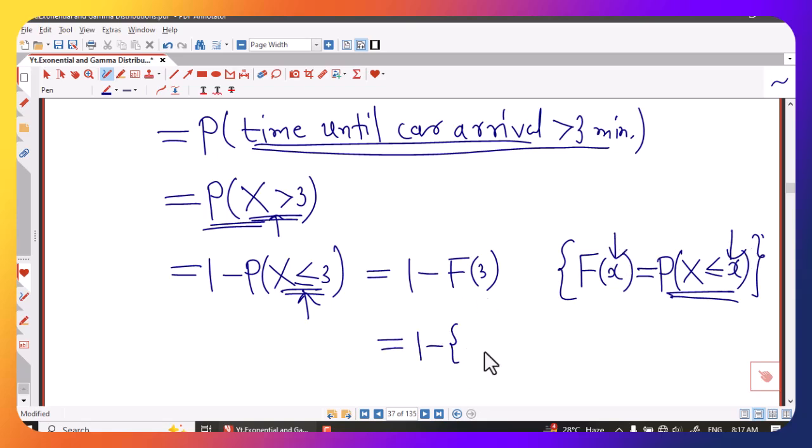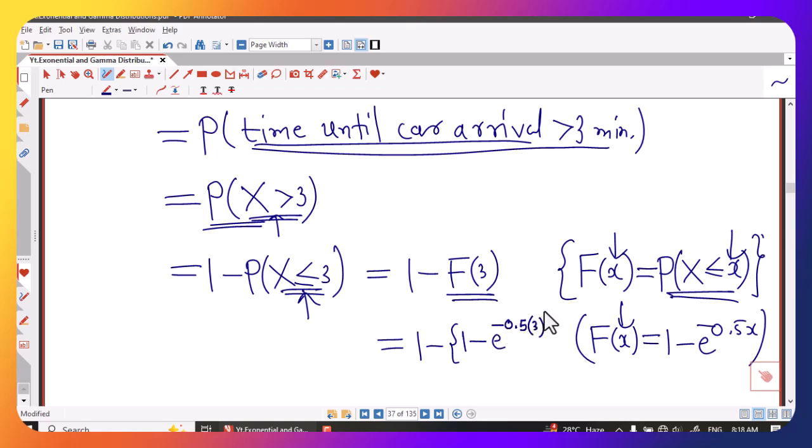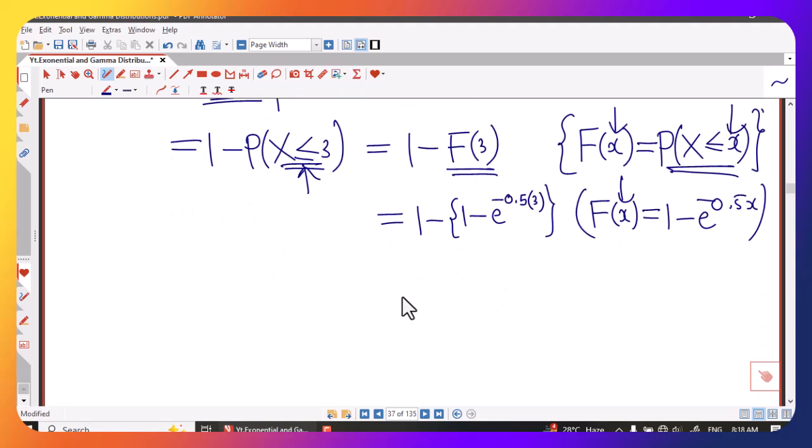And now what is F(x)? F(x) in this problem is 1 minus e raised to minus 0.5 into x. So here we put x equal to 3, because we are interested in the value of the CDF at x equal to 3. So here I will write minus 0.5 into 3, and if I take this negative sign inside the bracket, I will have e raised to minus 0.5 into 3, that is minus 1.5.